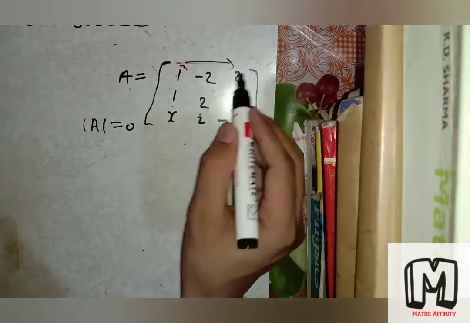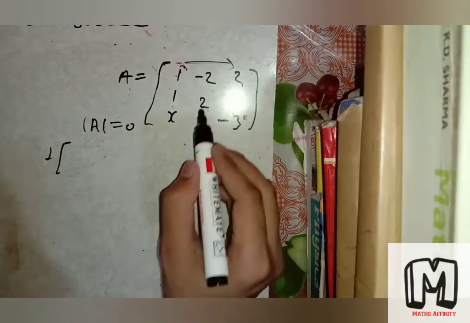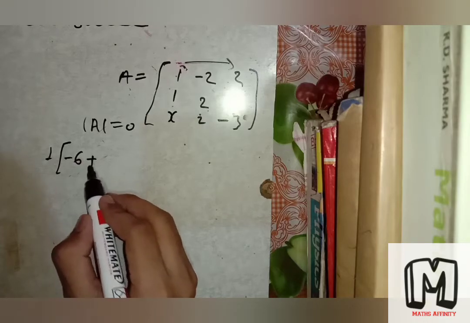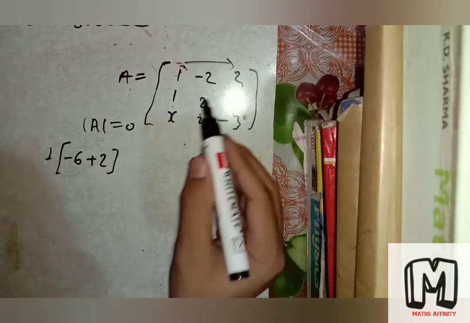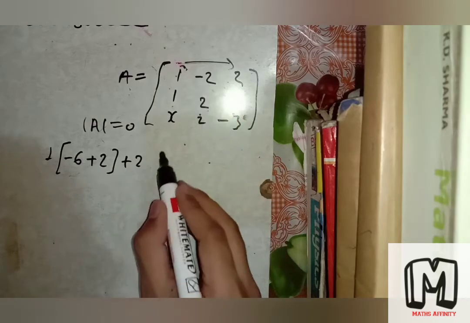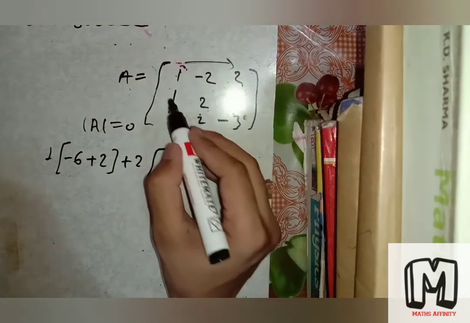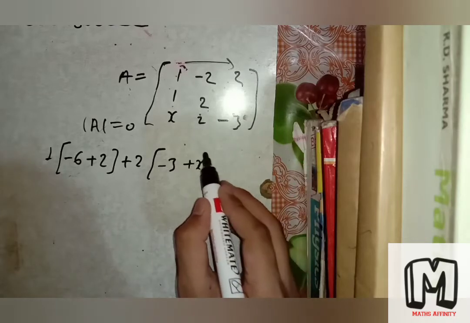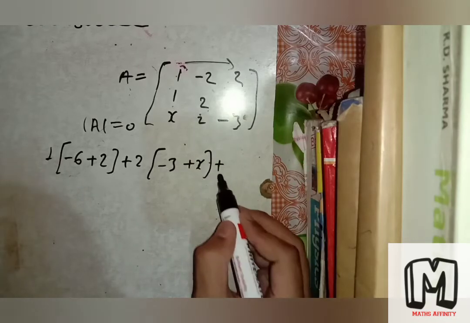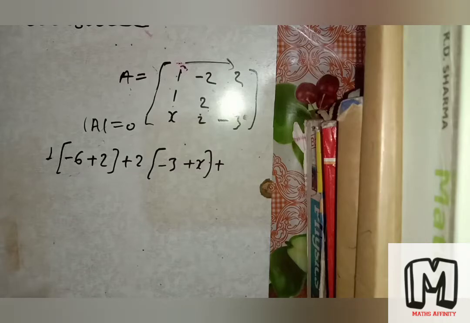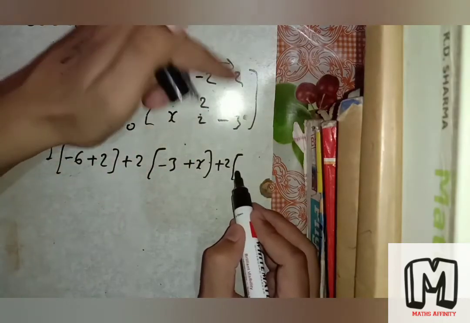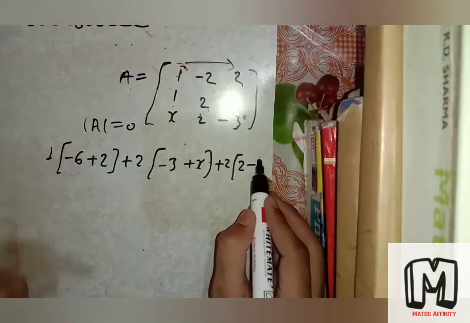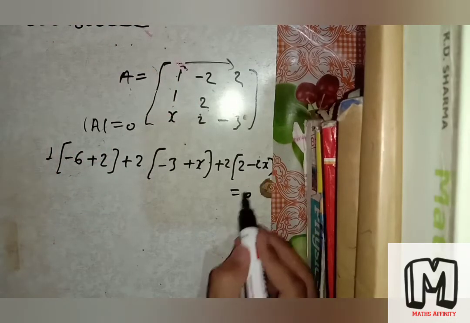So we'll take this negative 1, 2 into minus 3 minus 6, plus 2 into 1 2 minus, minus plus 2. This negative 1 into minus 3 means minus 3 plus x, and plus 2 into 1 2 minus 2 into x minus 2x is equal to 0.